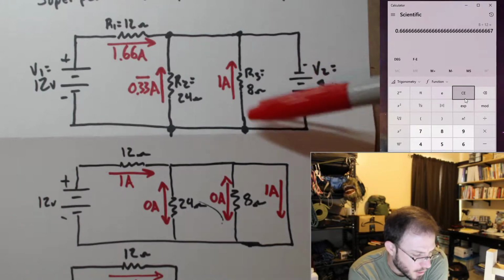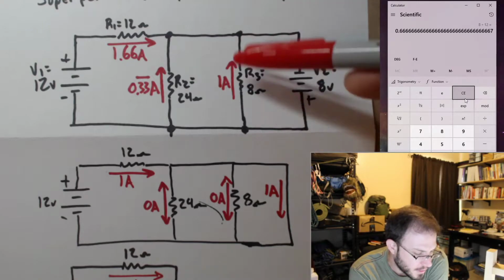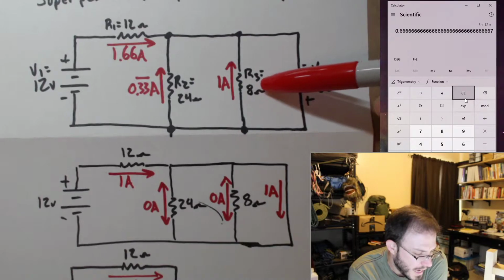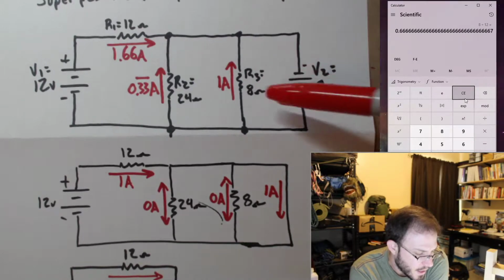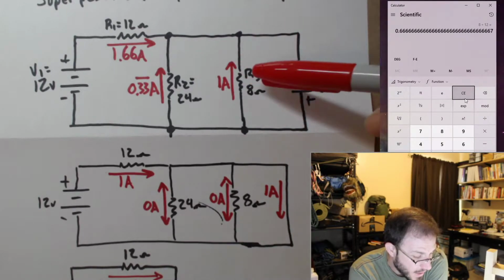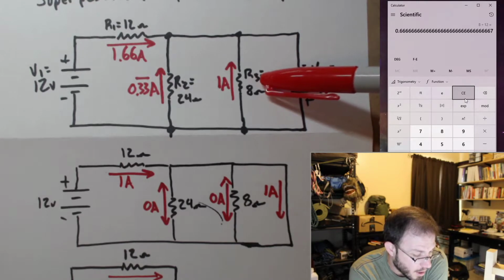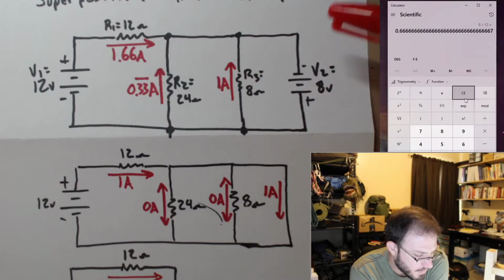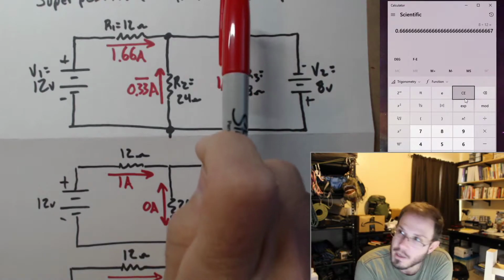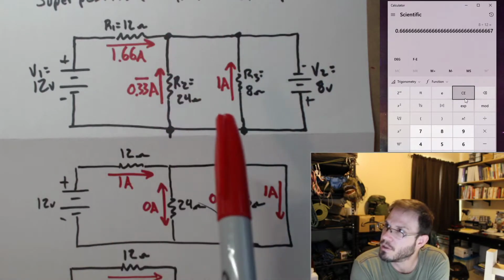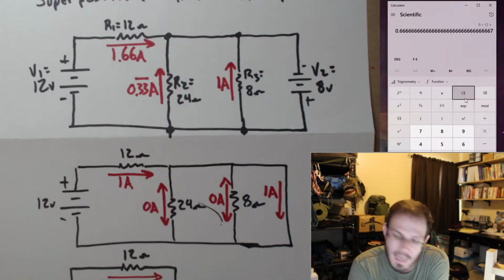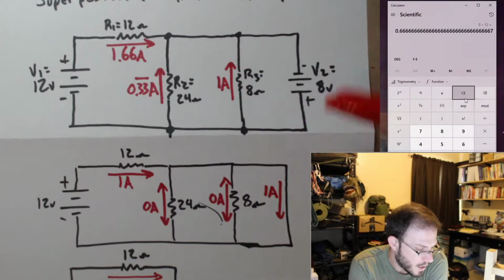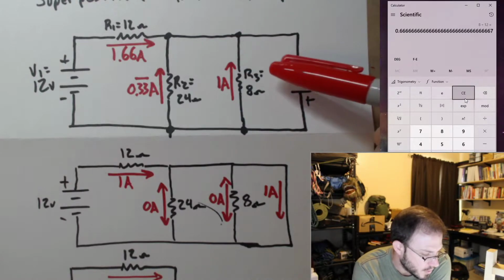And is there a closed loop here? Absolutely. Look at what's happening. I have 8 volts applied to an 8 ohm resistance, so I should have 8 volts across my R3. These two are in parallel, and 8 volts divided by 8 ohms gives us 1 amp. So yes, our superposition solution gave us the correct answer, and we've confirmed that with Kirchhoff's voltage law.